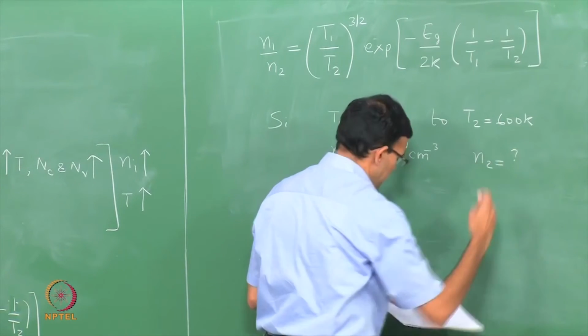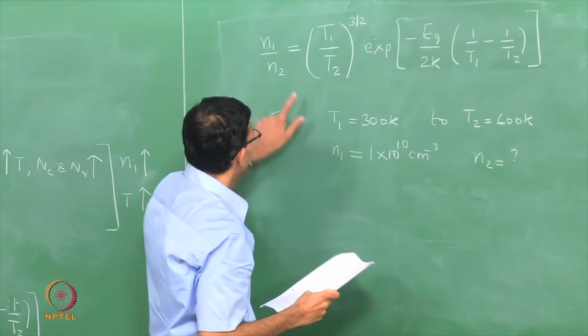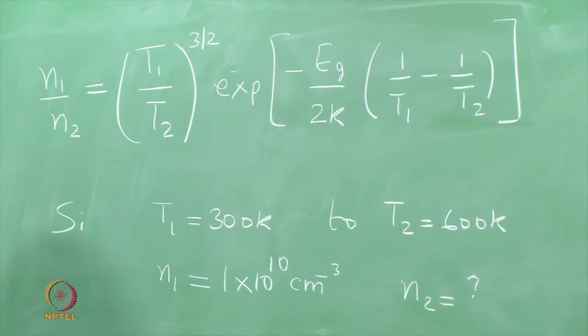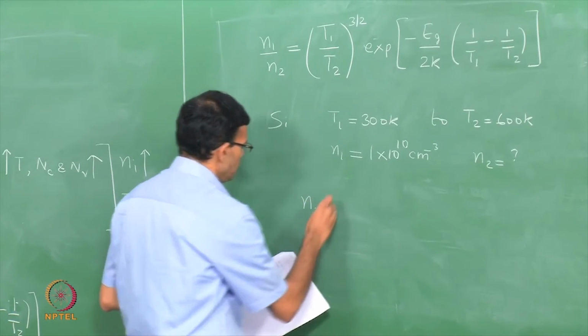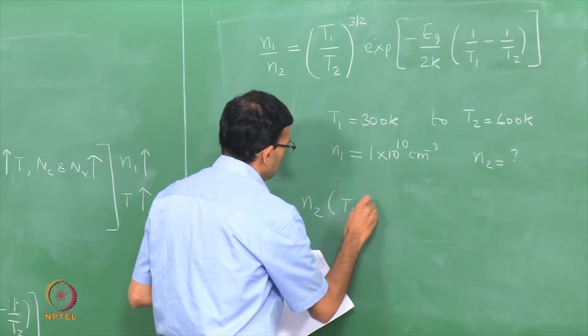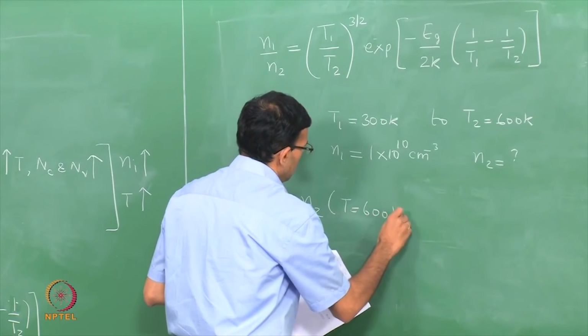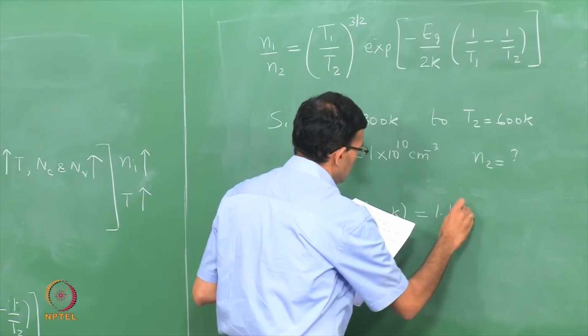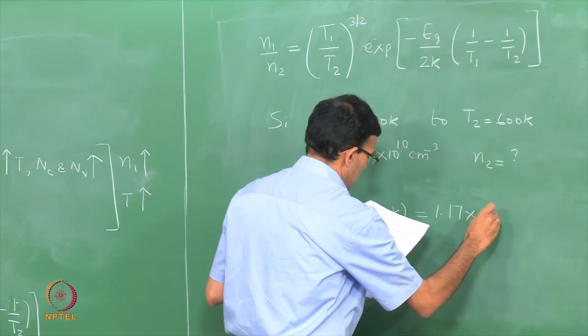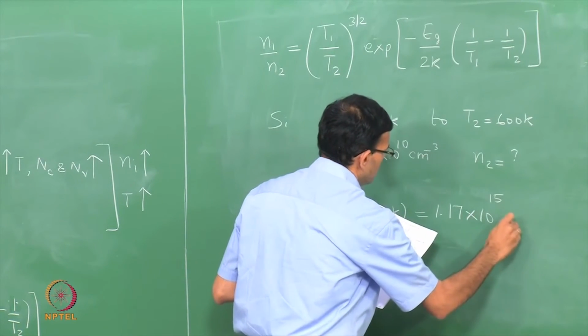You want to know what N2 is. So, we can substitute in the values and evaluate this expression. So, we get N2, which is the carrier concentration at temperature equal to 600, is 1.17 times 10 to the 15.